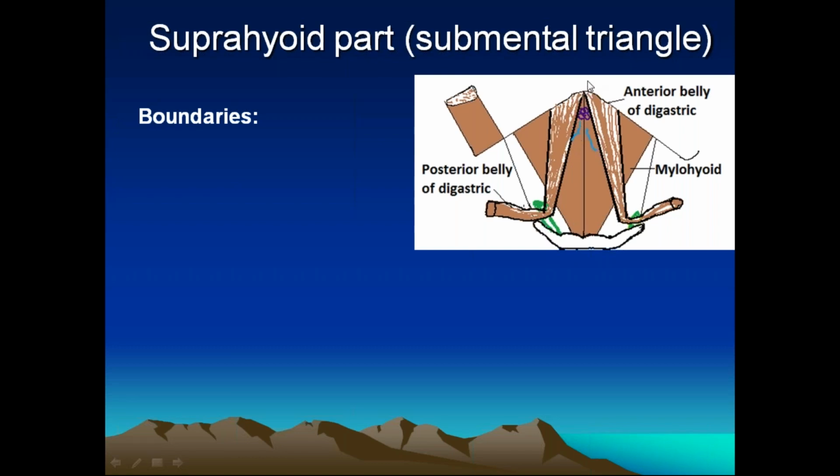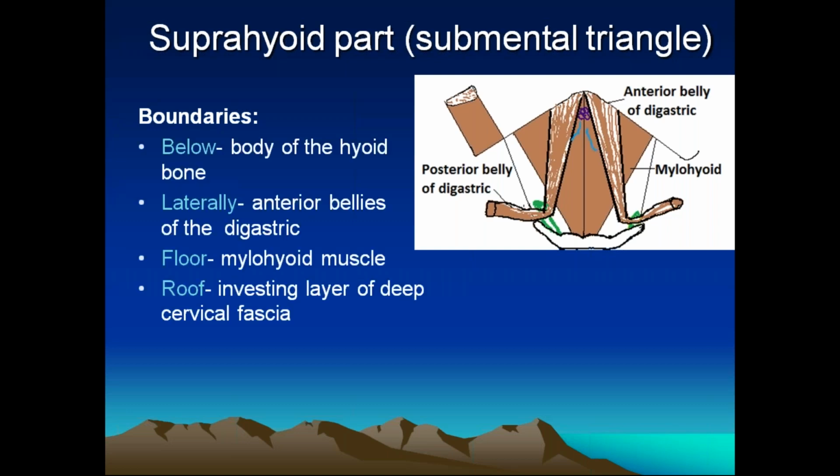Okay, there is symphysis menti. It is bounded below by the body of the hyoid bone, on either side laterally by the anterior belly of digastric. Okay, the floor is formed by the mylohyoid muscle. The roof, as usual, is formed by skin, superficial fascia with platysma, and investing layer of deep cervical fascia. So these are the boundaries of the submental triangle.